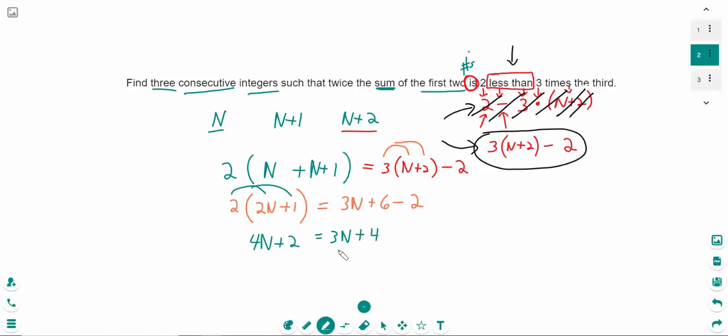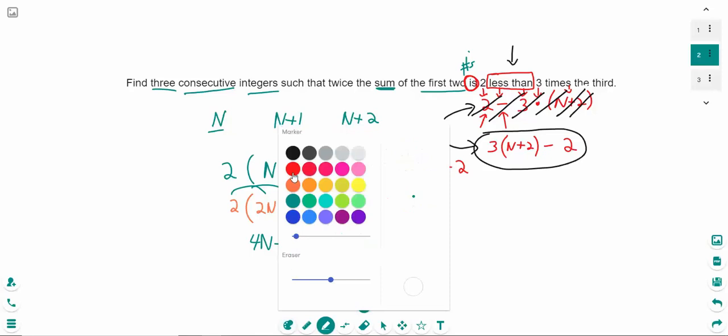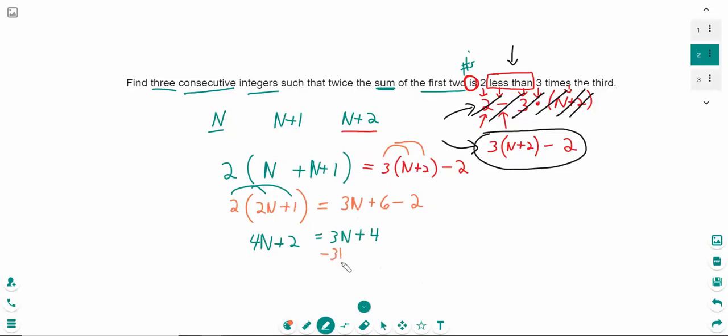Now we get our n's all on one side. We'll subtract the 3n here, and maybe we'll combine a couple steps and also move this 2 over to the other side. So we'll subtract the 2 from this side, and that means we have to subtract it over here, and we have to subtract the 3n over here. So the 2's will cross out.